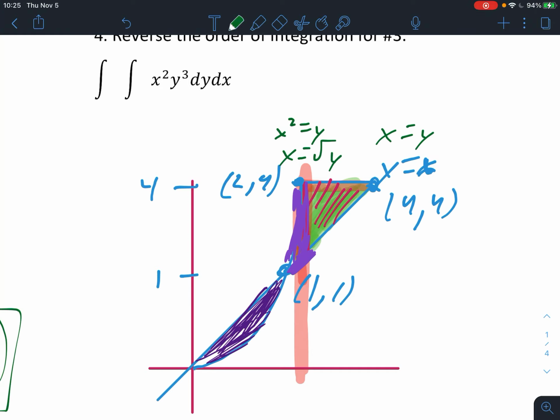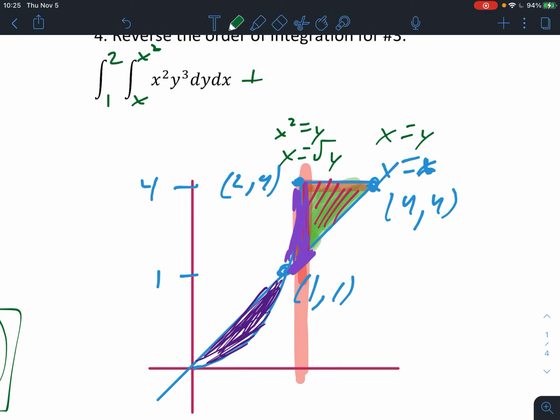Okay, the first one, the x bounds are 1 to 2. And the y bounds are y equals x to y equals x squared. Now I know they flip in there as well, but that should all take care of itself inside the integration.